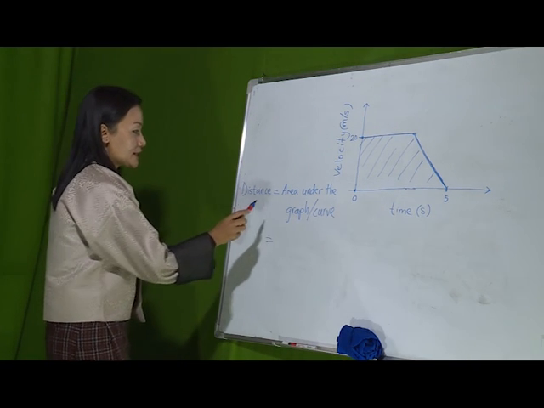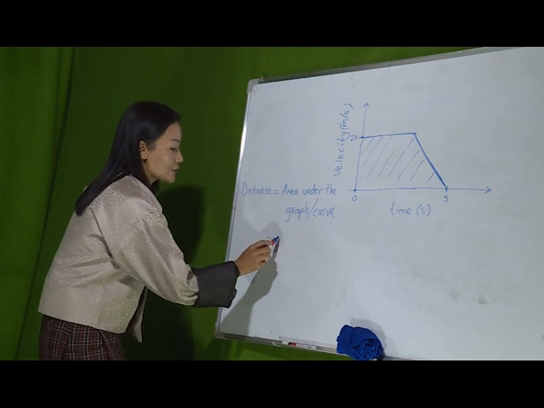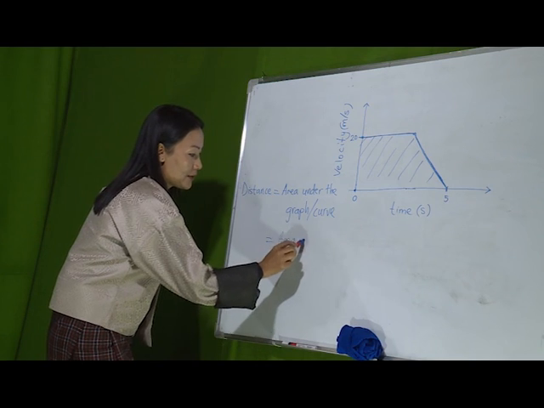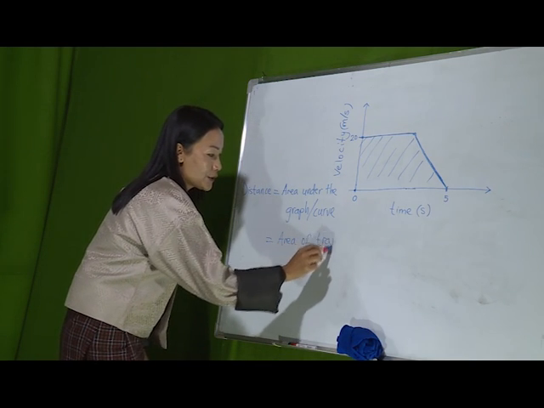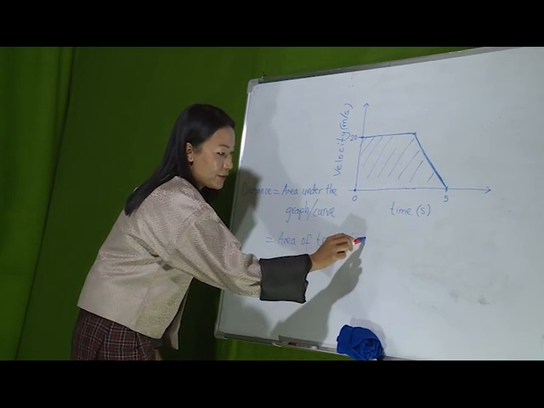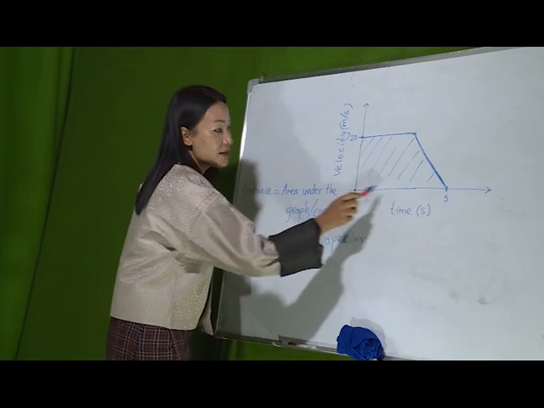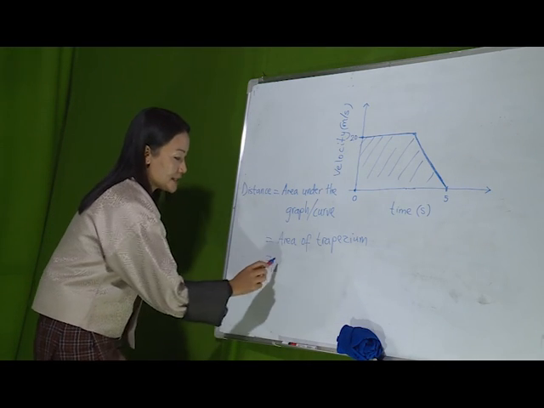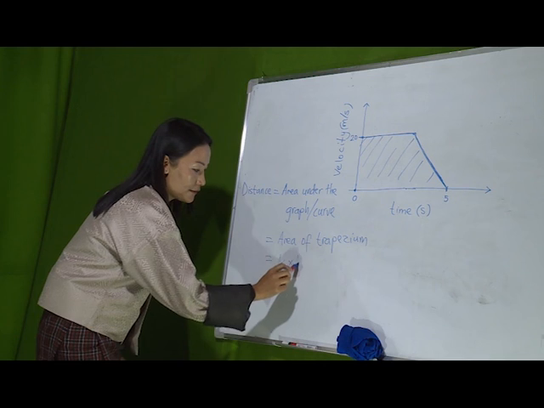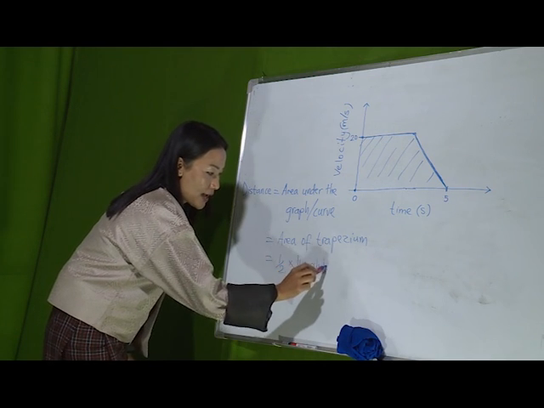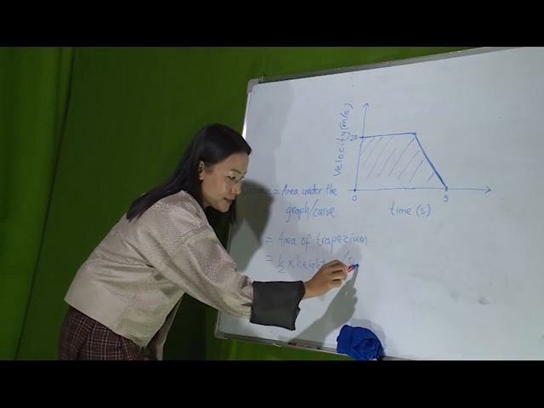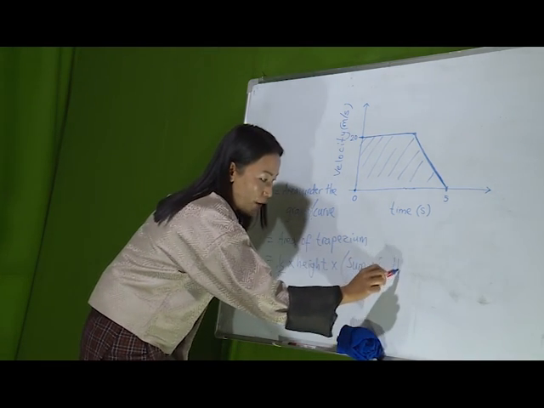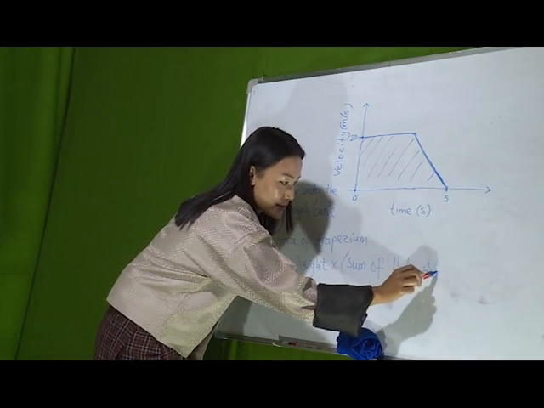So how do you find distance? We will calculate the area of the trapezium. The formula to calculate the area of a trapezium is half times height times sum of parallel sides.